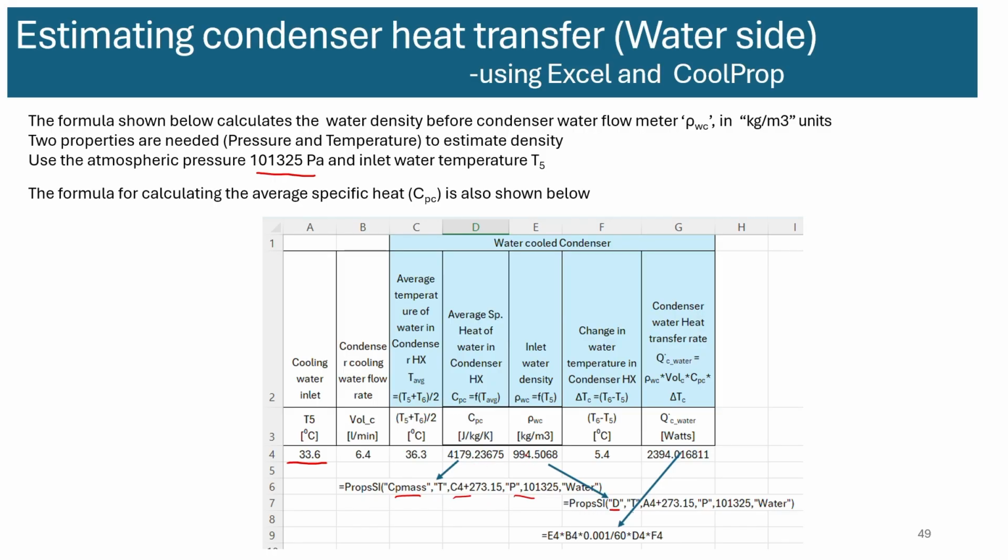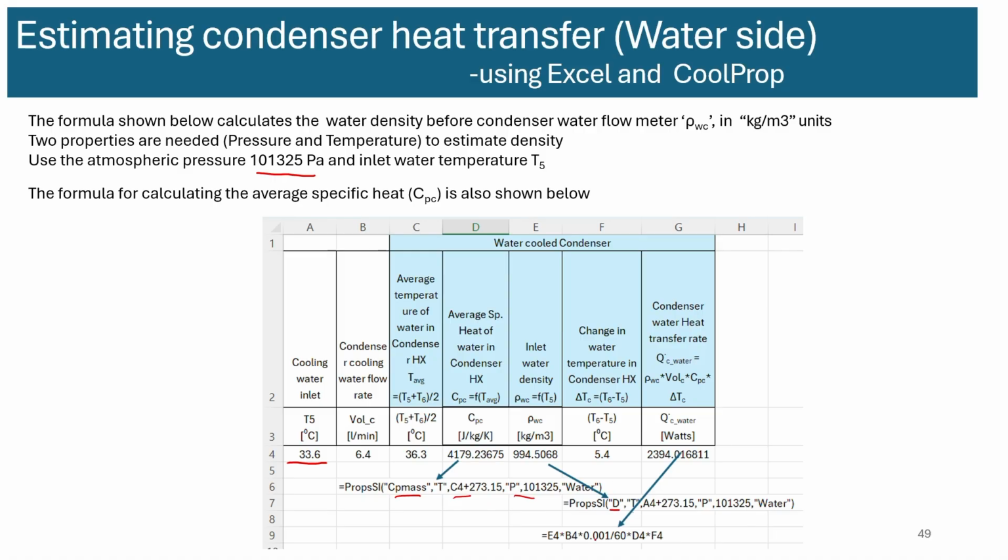Once you have that, what we need is the total power in watts of heat transfer. You're converting the volume flow rate into mass flow rate using this formula, and multiplying it with Cp and the delta T temperature, which is here.